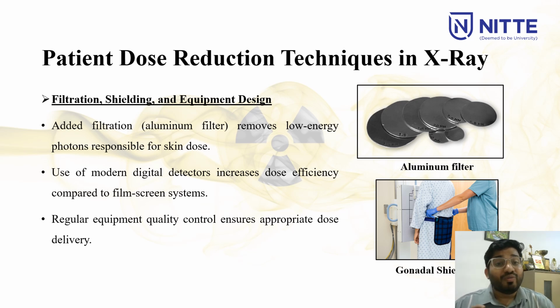Also we have to use lead shielding protection devices, such as lead aprons, lead goggles, and lead thyroid shields. All this equipment can be used to protect the sensitive organs such as gonads, thyroid, breast, etc.